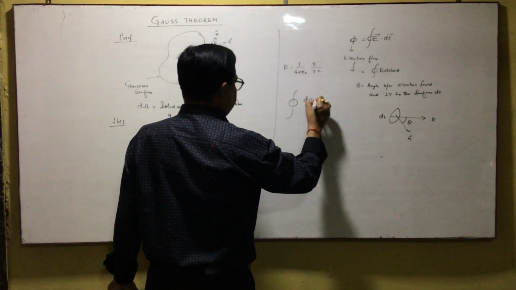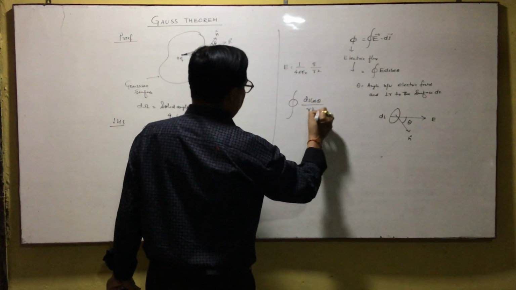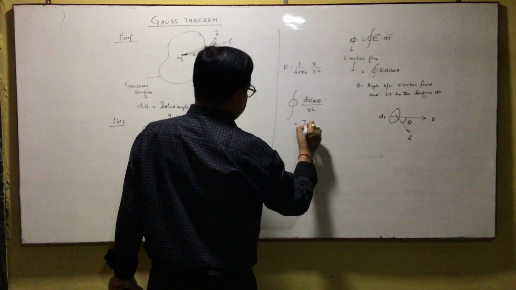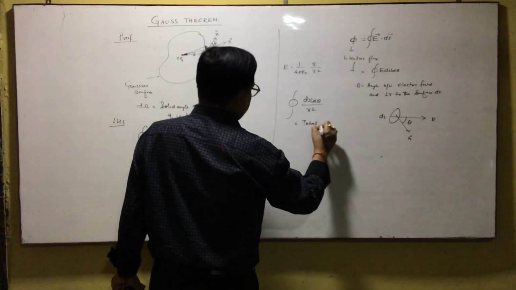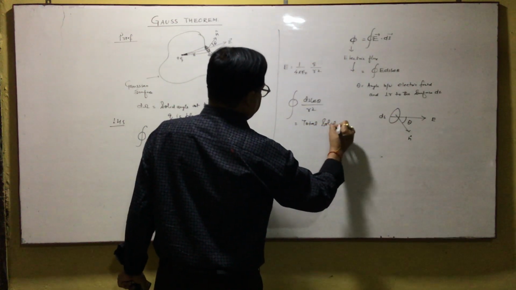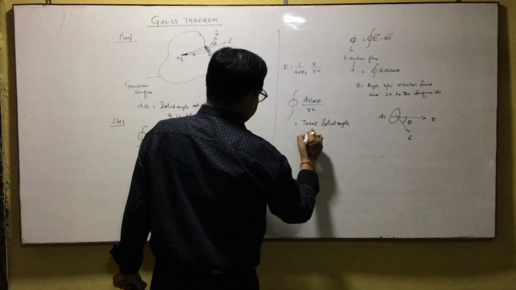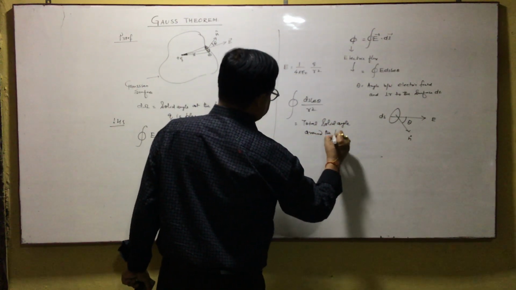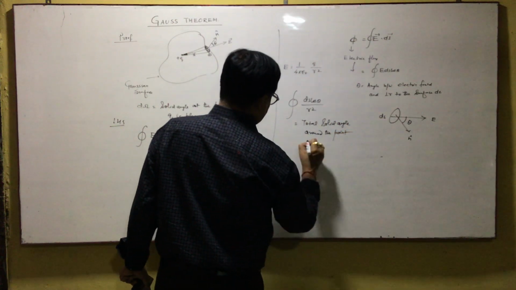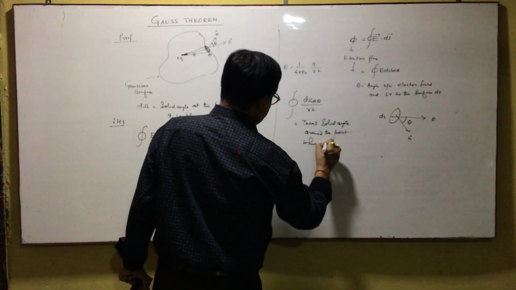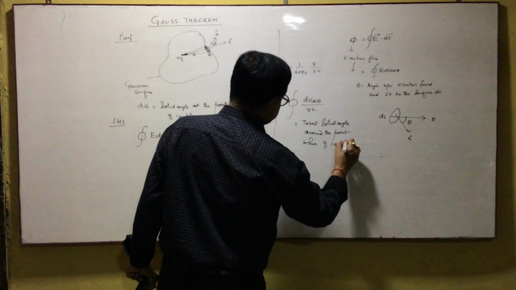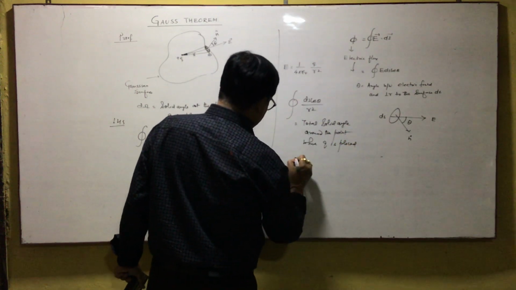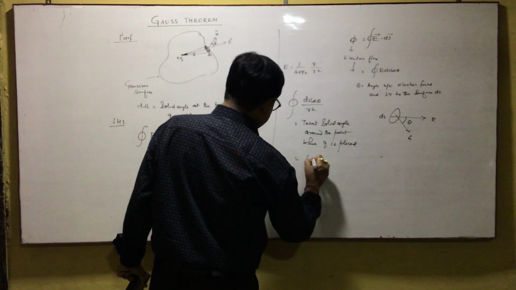ds cos theta upon R square is the total solid angle around the point where Q is placed, and its value is 4 pi.